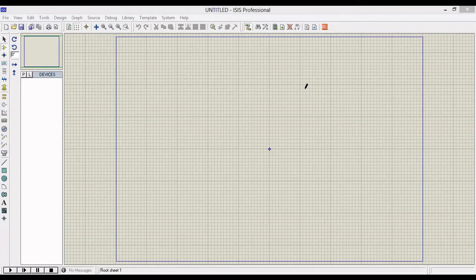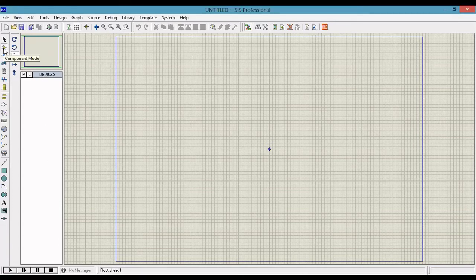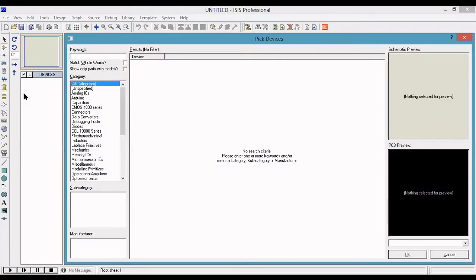So I am going to design the instrumentation amplifier circuit. First, select the components. For that, click this. These are the buttons available. Using these buttons, we can select the components. First one is called the component mode. Click the component mode. Next, click this P. It will ask for keywords and we can select the components.